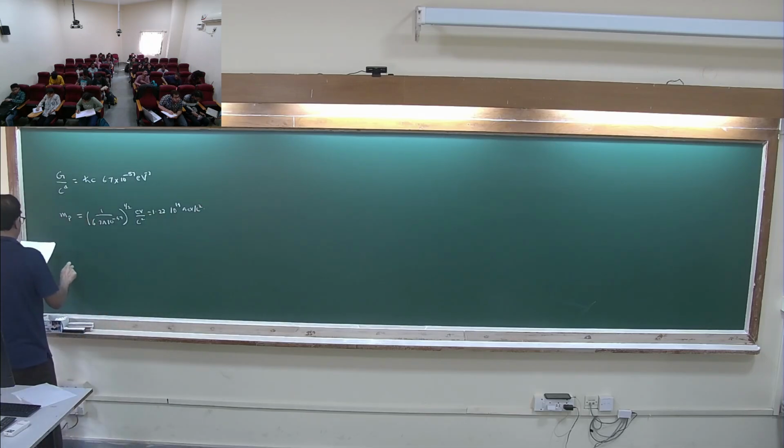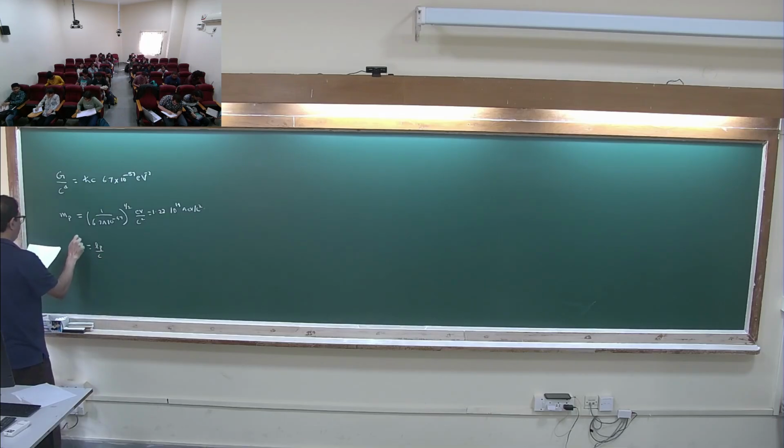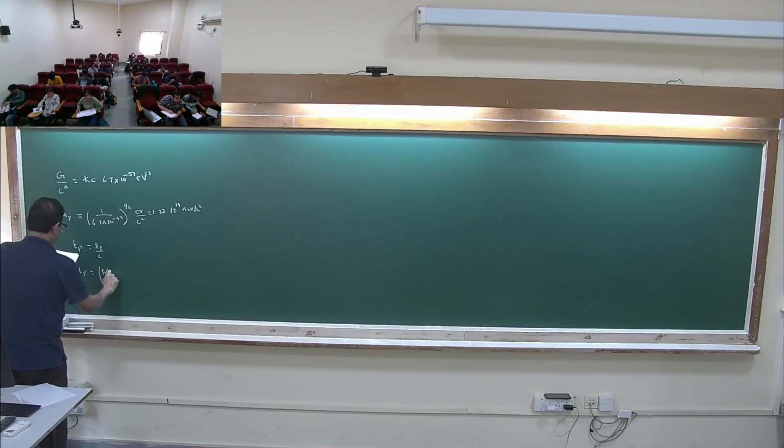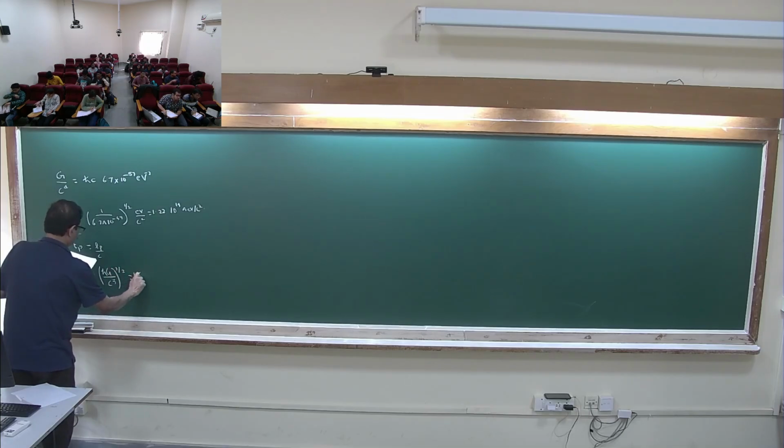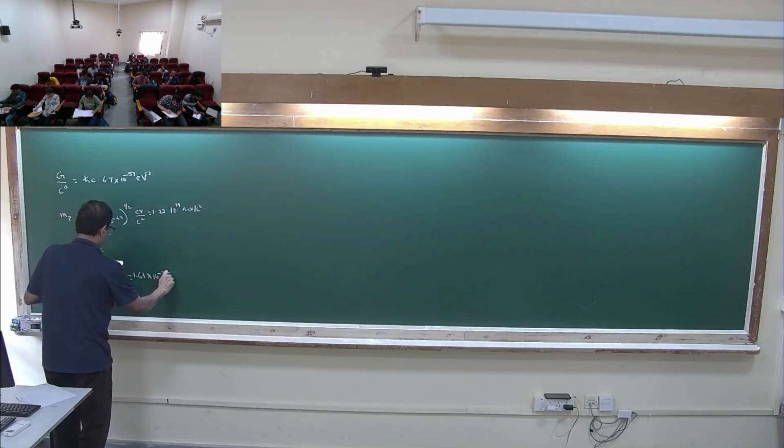We have already seen that the Planck time, which is L_P by c, and the Planck length was given by (ħG divided by c cubed) to the 1/2, 1.61 times 10 to the minus 35 meters.